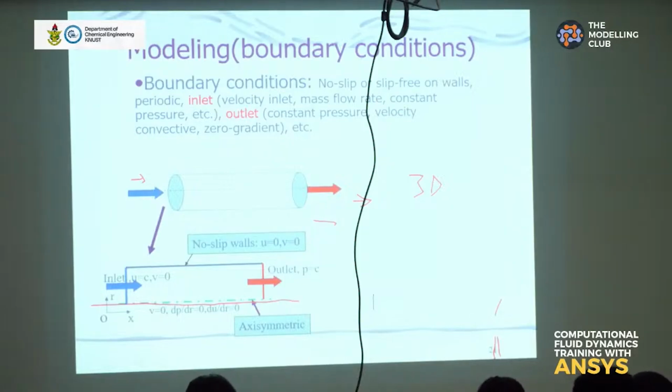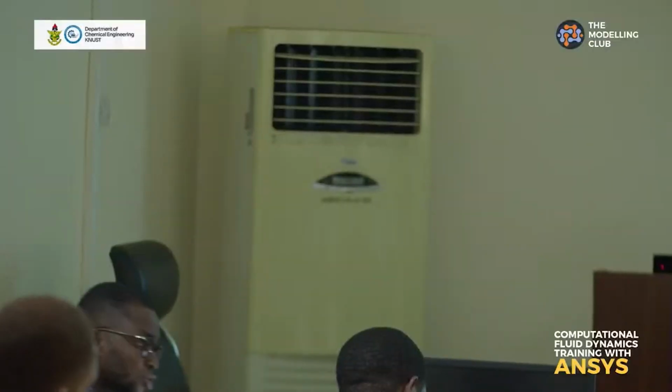Now, let's see what we mean by these. This is the inlet, right? Likewise, in this axisymmetric representation, this is the inlet. So at the inlet, we are saying that the velocity in the x direction, u, is fixed at some constant value c.